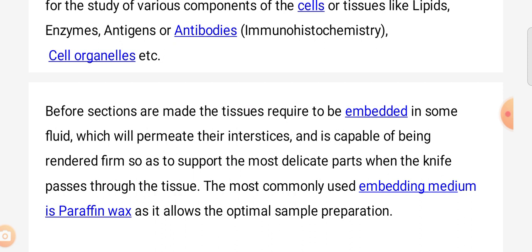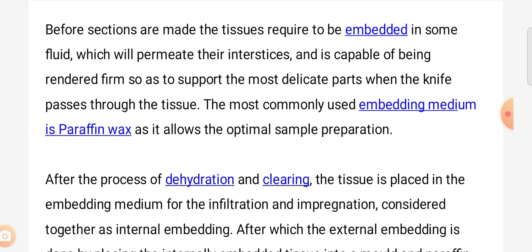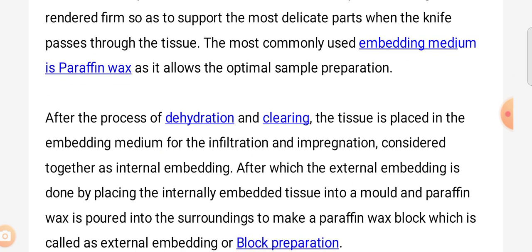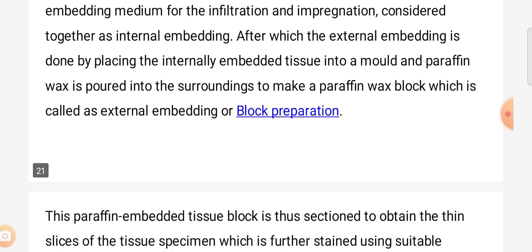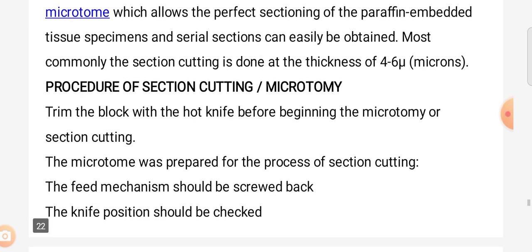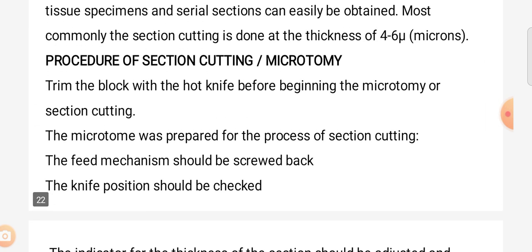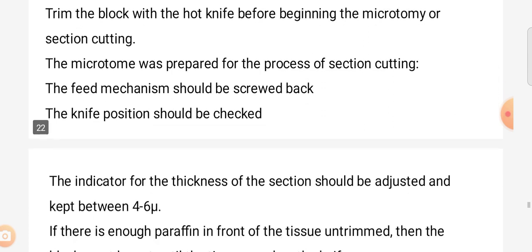The most commonly used embedding medium is paraffin wax, as it allows optimal sample preparation. Next, after the process: dehydration, clearing, decalcification, etc. Types of microtomes: there are 4 types: rocking microtome, rotary microtome, freezing microtome, and Cambridge microtome.